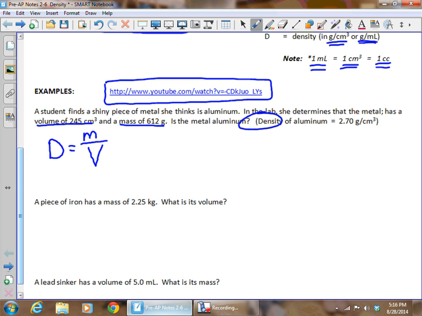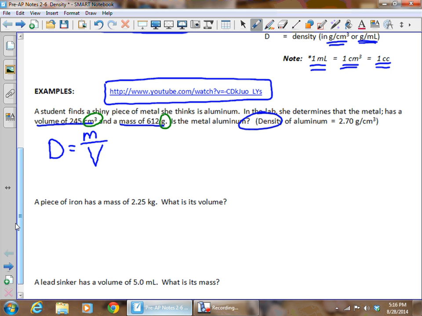AP often gives points for the substitution part and sometimes not for the answer, so we must show all of these parts. Grams for mass and cubic centimeters, or milliliters, for volume are the units that we've been given, so we don't need to convert those.